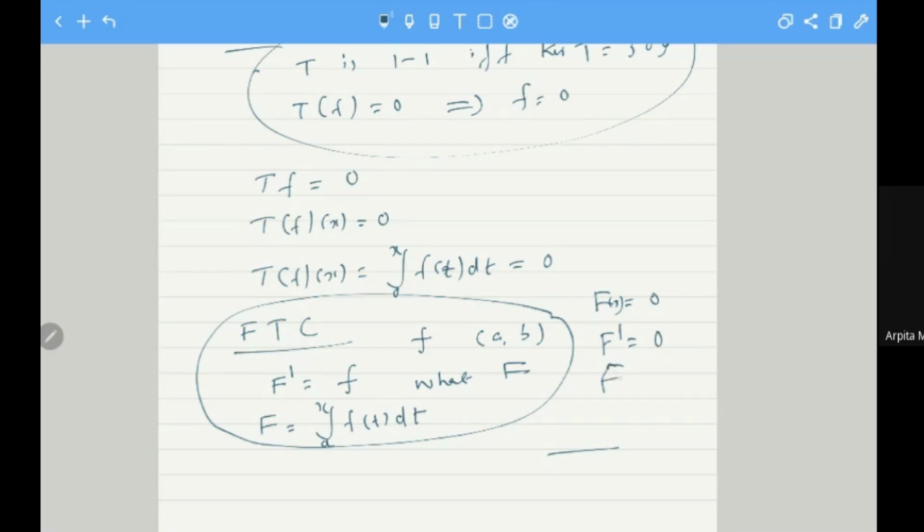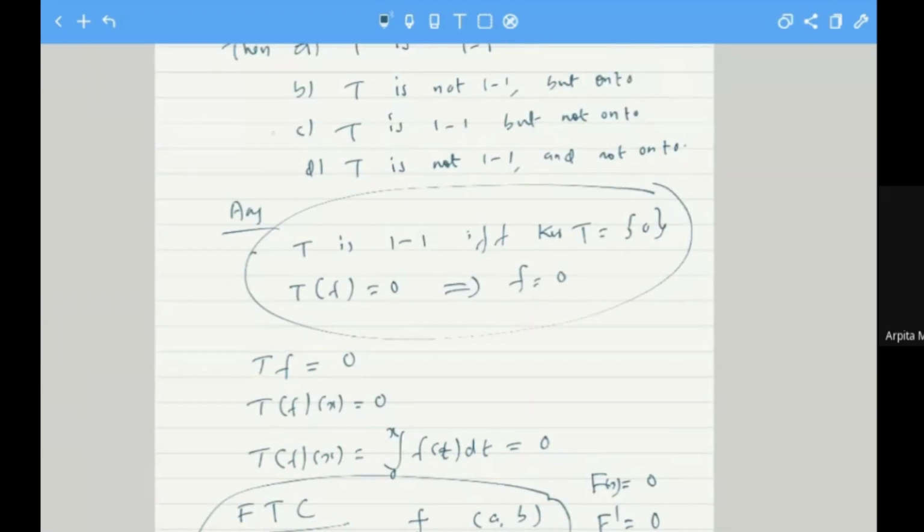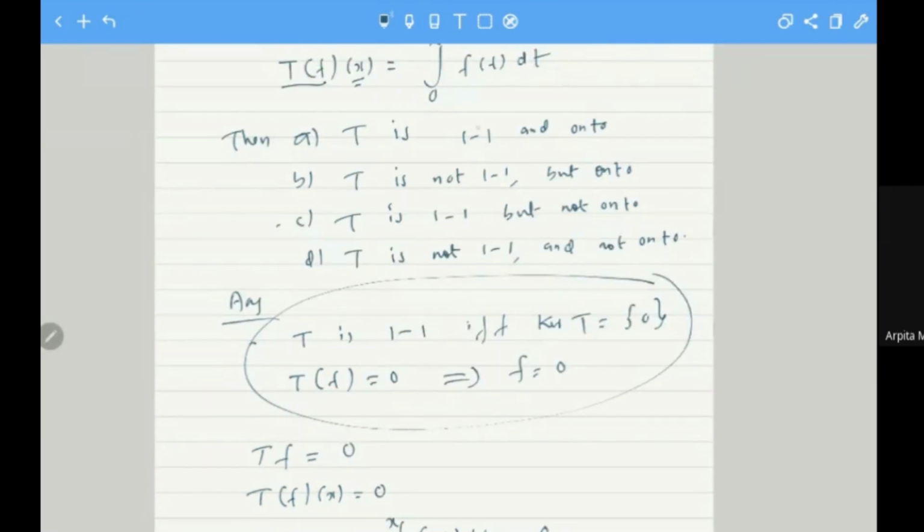What is F dash? F dash is nothing but small f. That means f is 0. So if you assume that T of f equal to 0, we can conclude that f is 0. That means T is 1-1. So this is correct, 1-1 is correct. Sorry, not 1-1.